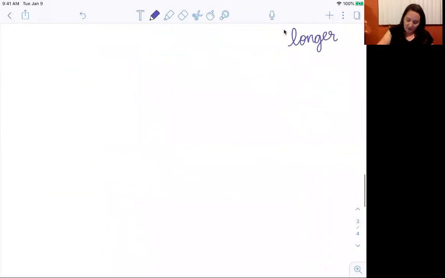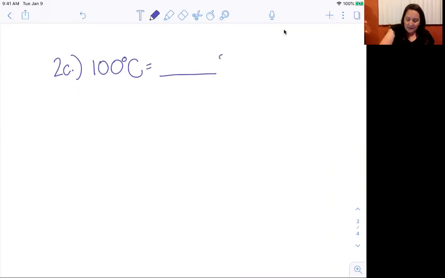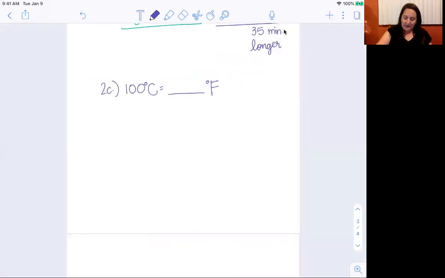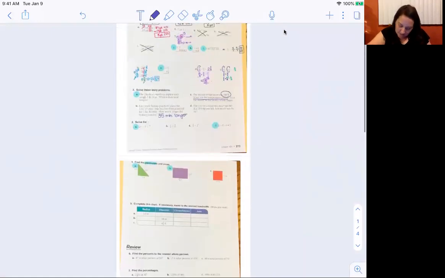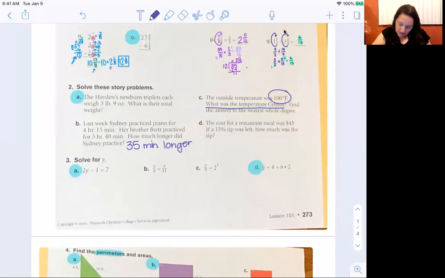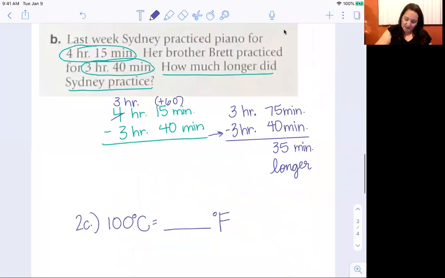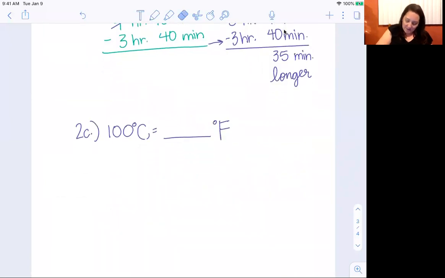We are going to convert, this is 2C, 100 degrees Celsius equals how many degrees Fahrenheit? And let's make sure that's what it said. It's 100 degrees Fahrenheit and how many degrees Celsius? I did that backwards. Okay. See, it's always good to look at it.